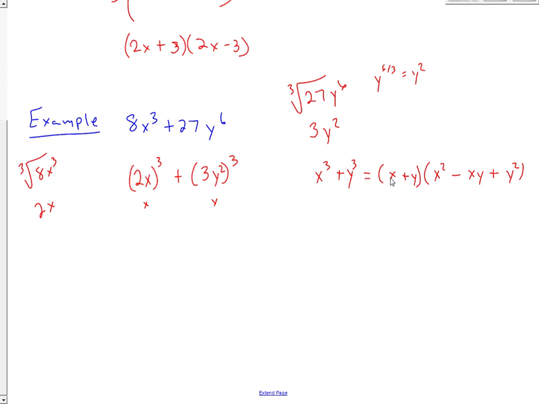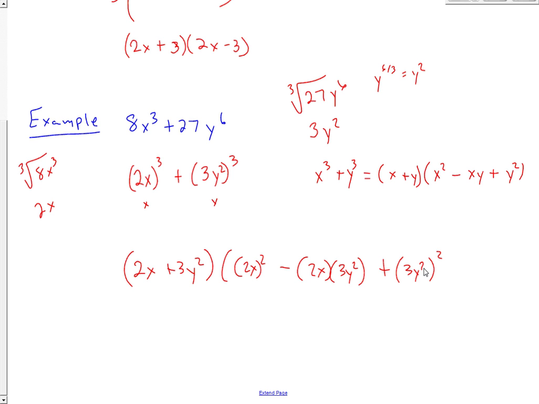So thinking about this, I have x plus y, so I'm going to put 2x plus 3y squared. And then x squared is the 2x being squared minus x times y, so that's 2x times the 3y squared, and then plus the y value squared, so I'm taking that 3y squared and squaring that.